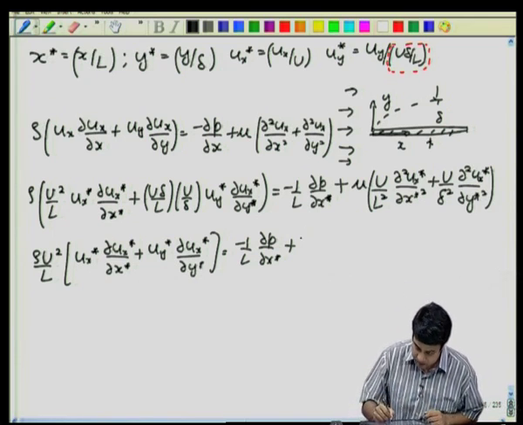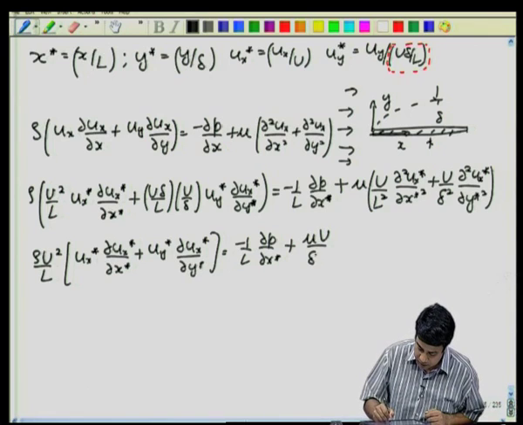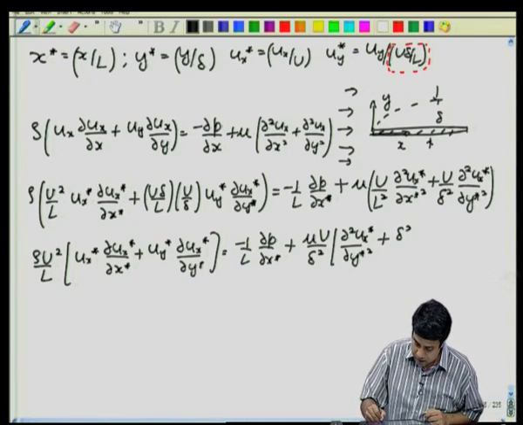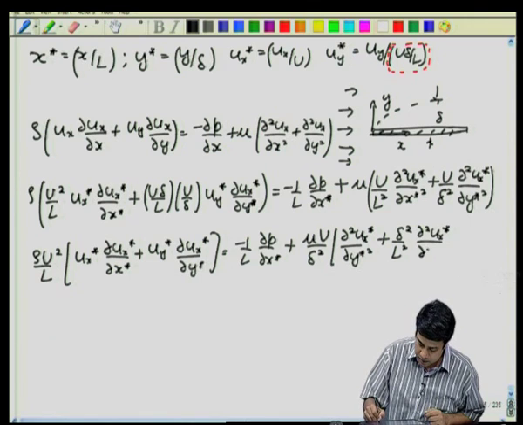So, this becomes mu u by delta square into partial square u x by partial y square, plus a second term which goes as delta square by L square partial square u x by partial x square.